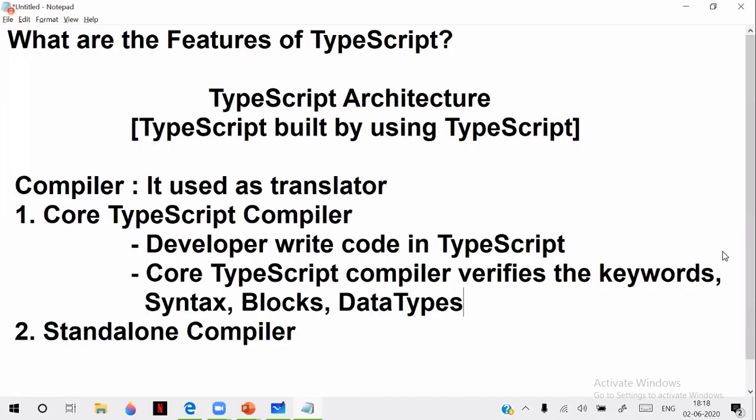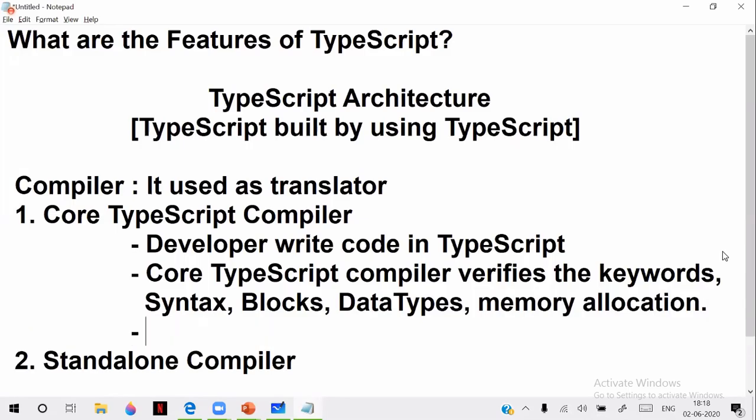Is the right type of memory allocated for them? It checks whether start and end blocks are there properly, whether data types are correctly configured, and whether memory allocation is properly defined. All such things it will verify. The core TypeScript compiler verifies everything.